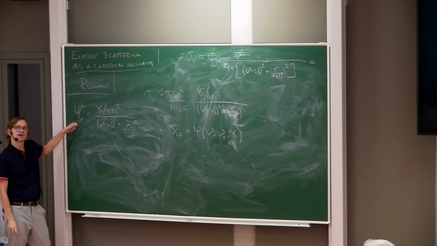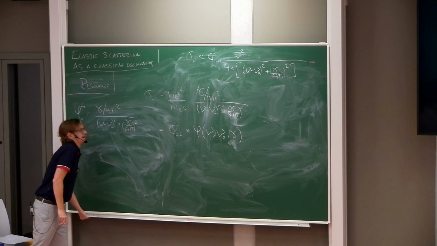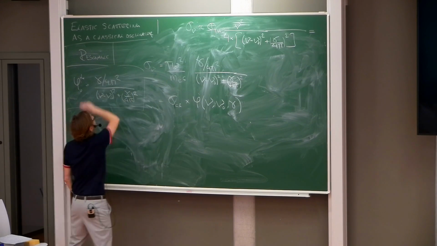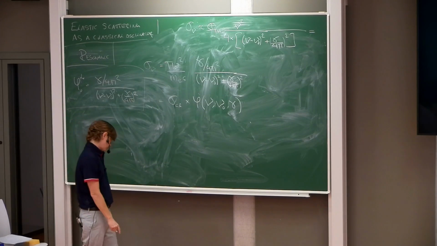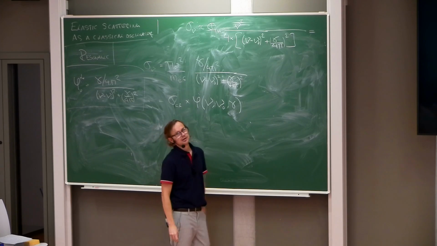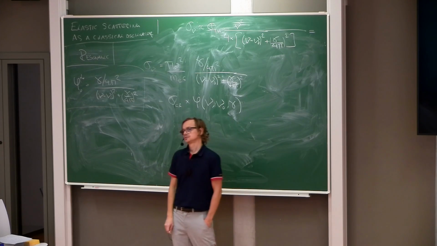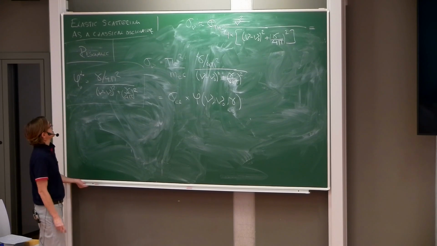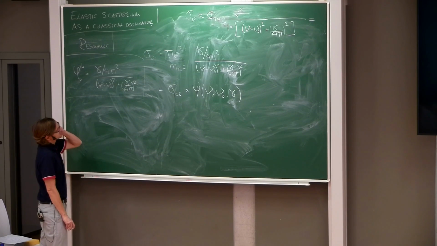This is called the Lorentz function, the Lorentzian function for natural line broadening.